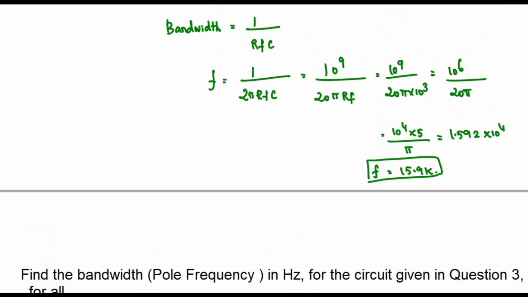Next, if I substitute for the next values, so instead of 1K, if I substitute 10K, it just becomes 200 pi, right? So this becomes 15.92, so this becomes 0.1592 into 10 power 4.